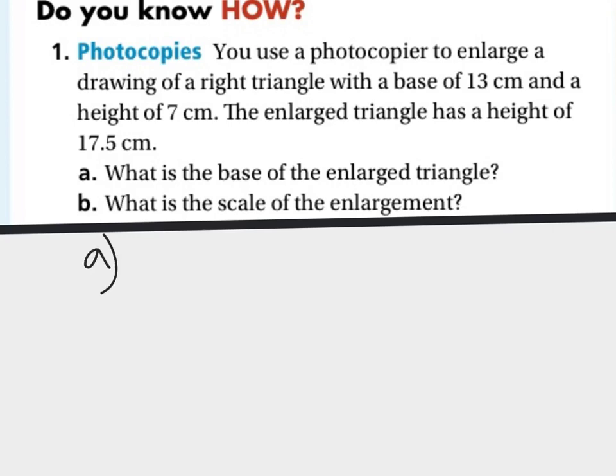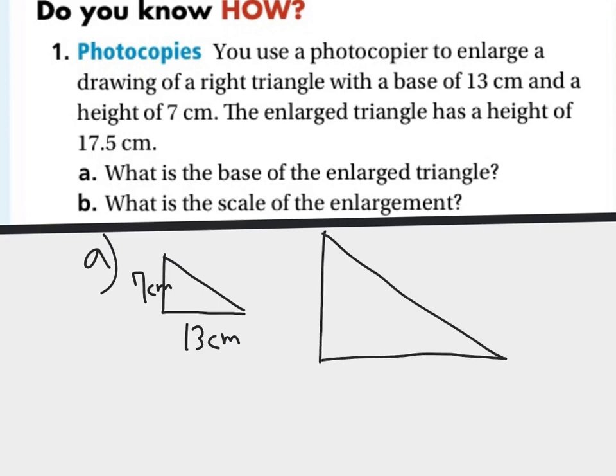If you want to, you can draw a picture here. So base is 13 centimeters, height is 7 centimeters. Enlarged triangle, not to scale necessarily. Height is 17.5 centimeters, and we're trying to find what the base is.